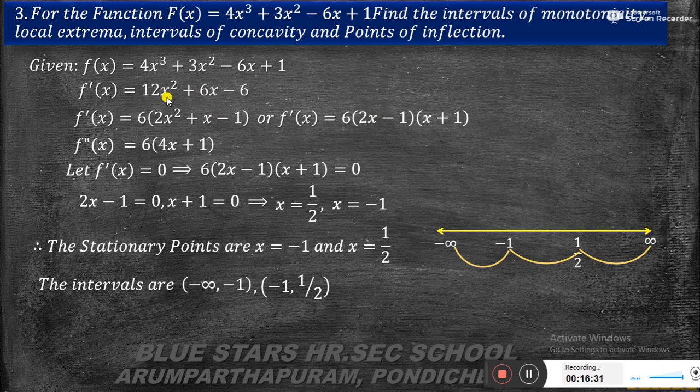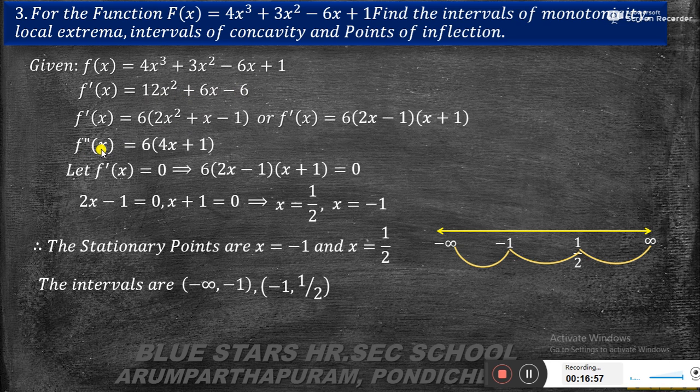The first form is also enough, that means f'(x) equals 12x² + 6x - 6, this is also enough. You don't need to take the common factor from this. Just keeping the first step is also enough to calculate the critical points. Therefore f'(x) equals 12x² + 6x - 6, this is the differentiation answer.